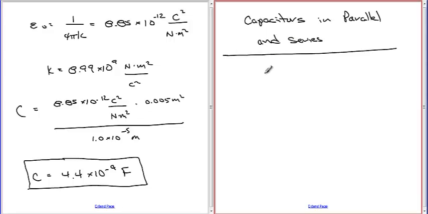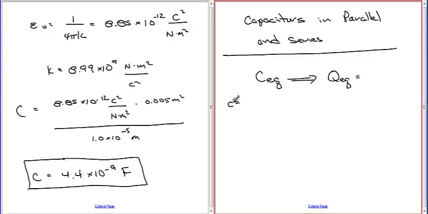What I'm going to ask you to do is to take a group of capacitors and reduce those down to a single capacitor. So you're going to end up with an equivalent capacitance. And then you can use that equivalent capacitance to calculate the equivalent charge by using the definition of capacitance.